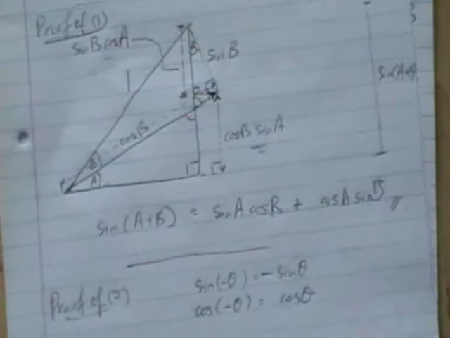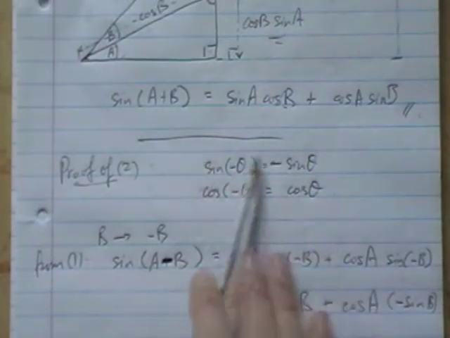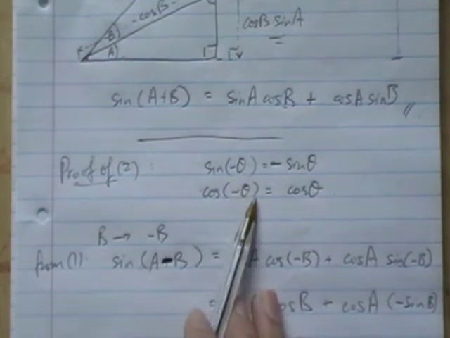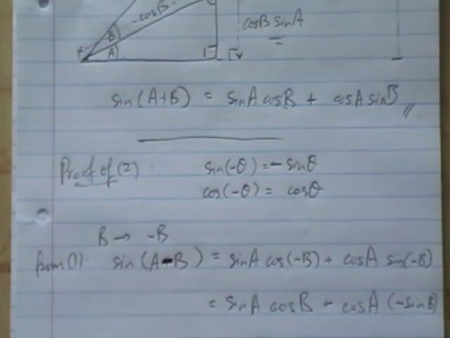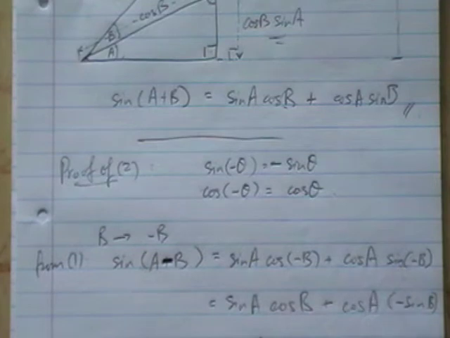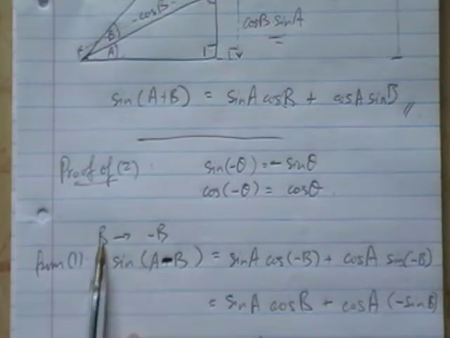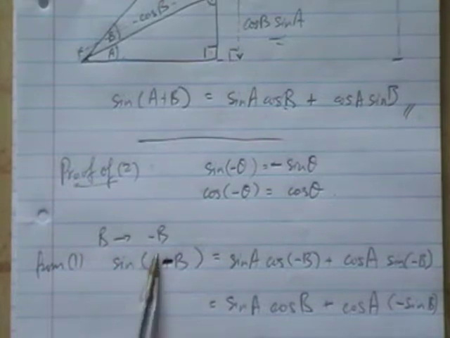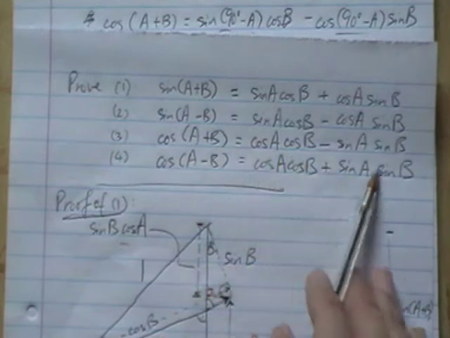So it looks like we would have to make use of this identity, this relation again, for negative angles that we used in the proof for identity 2. So let's follow the same approach as in this earlier proof, where I replaced b by minus b. So I'm now going to replace b by minus b in the third identity.